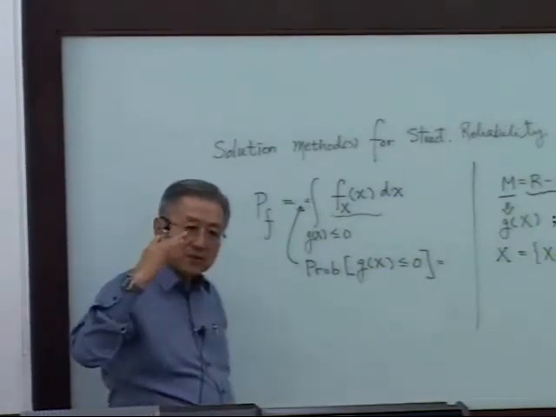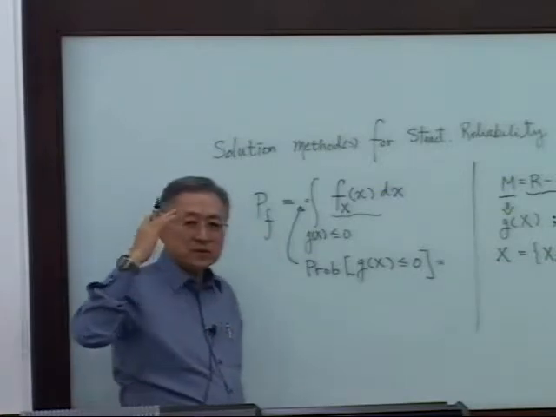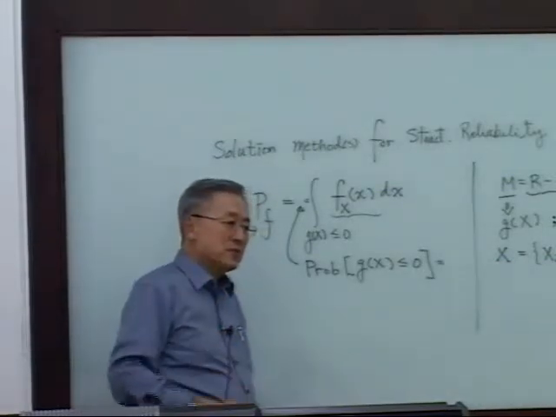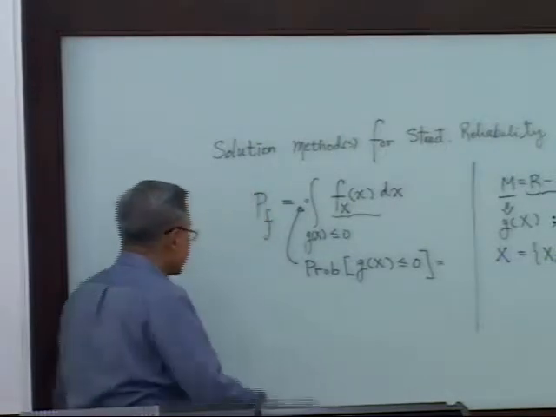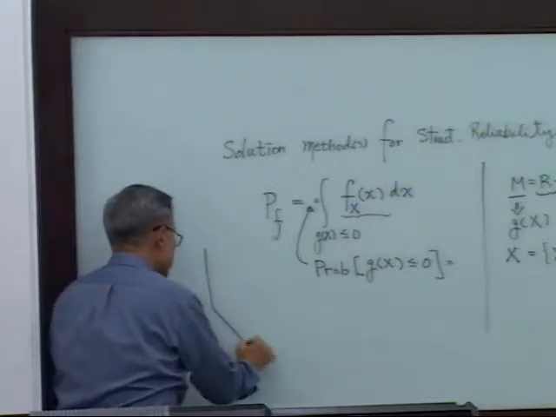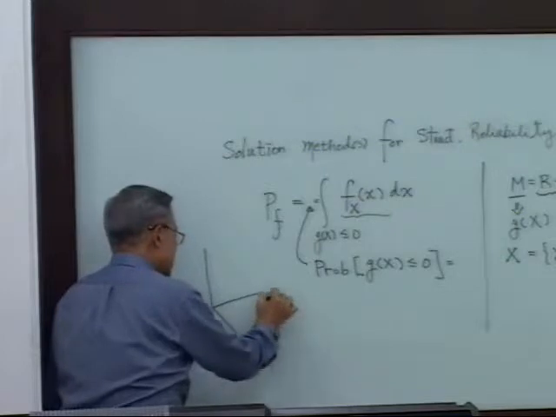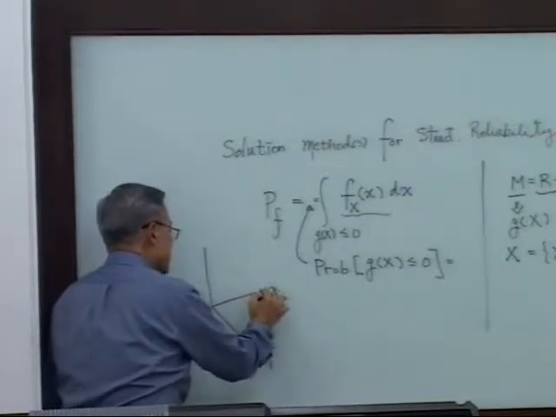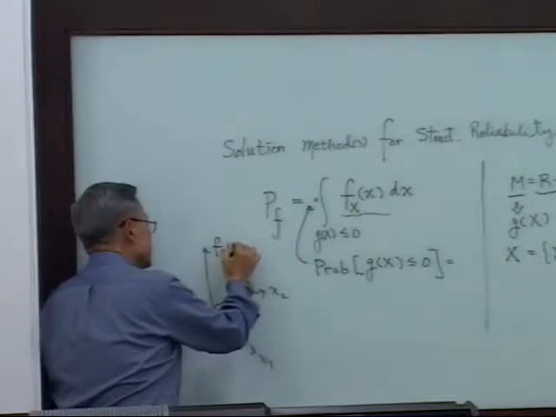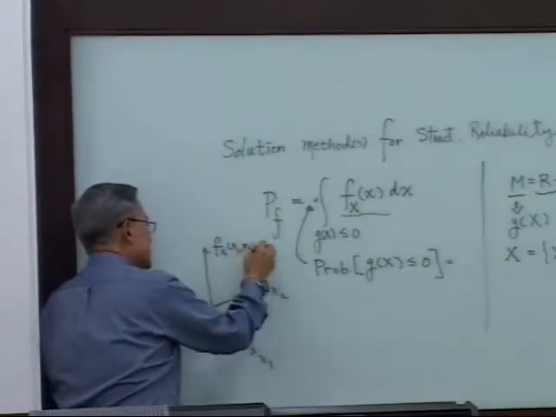Up to two random variables, we can cast it into 3D space. Then it is very nice. You can really see this visually. X1, X2. In this case, X1, X2.